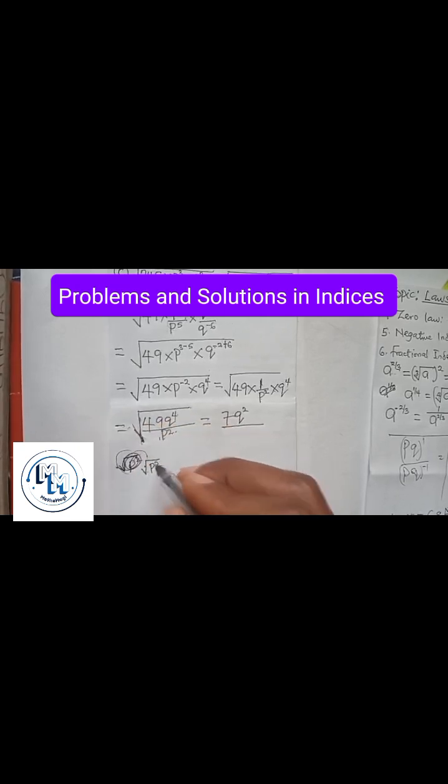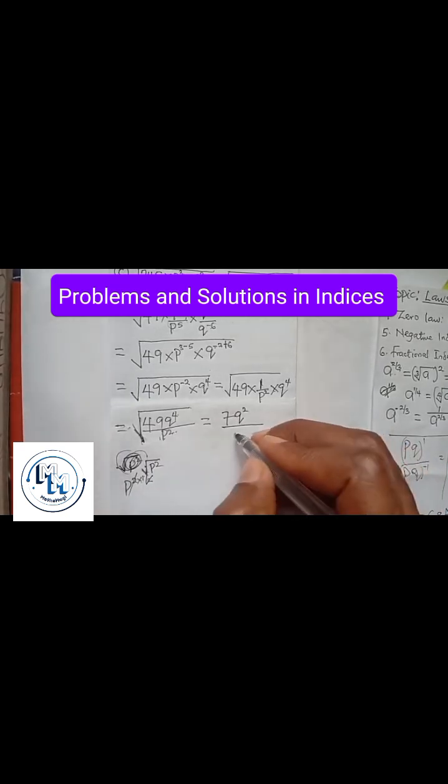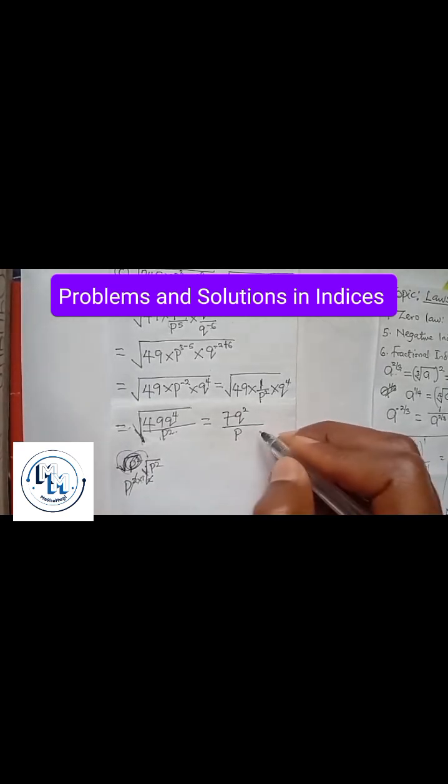And the law says this thing is power half. See, when I have p power 2 power half, that means 2 cancels 2, I have 1. 1 times 1 is 1. P power 1 is still p. All right, so put the p here.